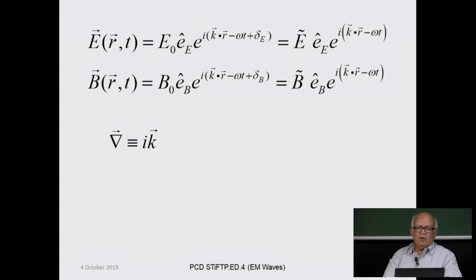Now, you will operate by the gradient operator, and the result of the operation by the gradient operator will be like multiplying the operand by ik. It could be the divergence or the curl, or in some cases the gradient if the operand is a scalar function. And the result of the operation by del is going to be completely equivalent.